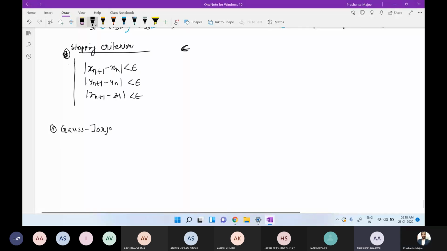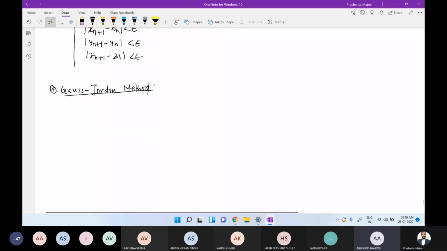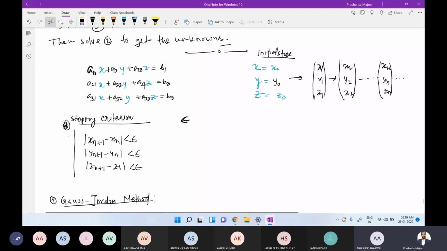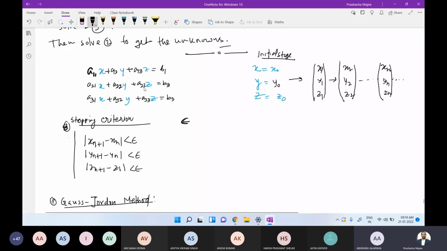Gauss-Jordan method. So what we are going to do? We will assume that the diagonal elements in the coefficient matrix are all non-zero.